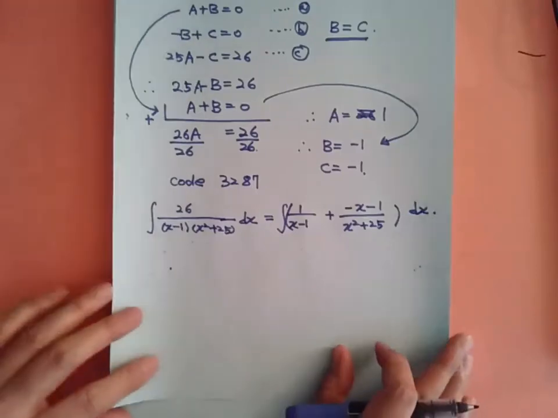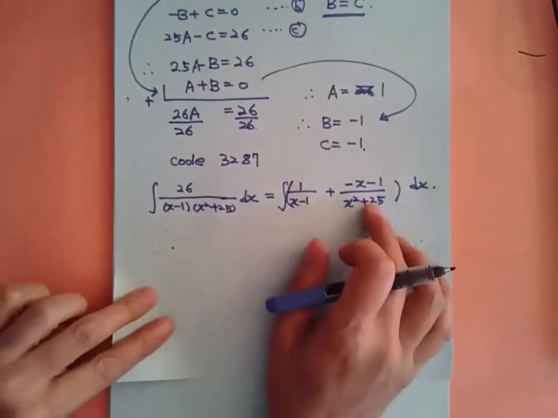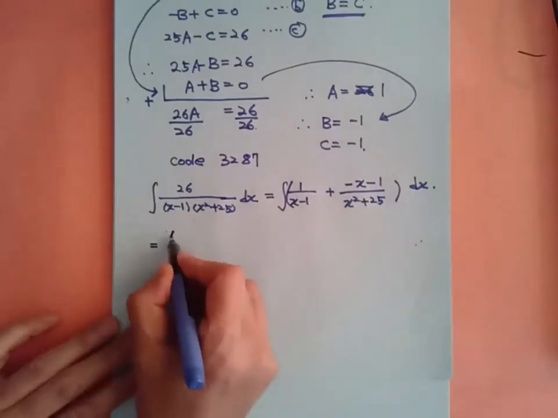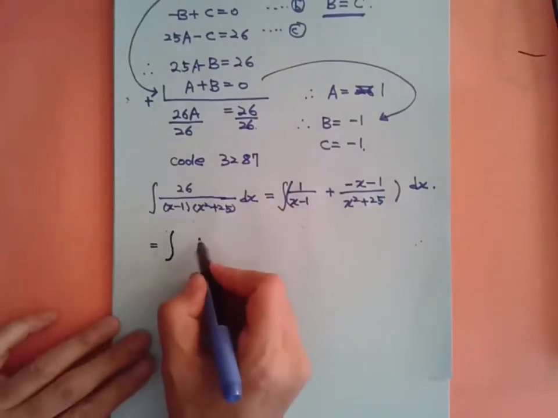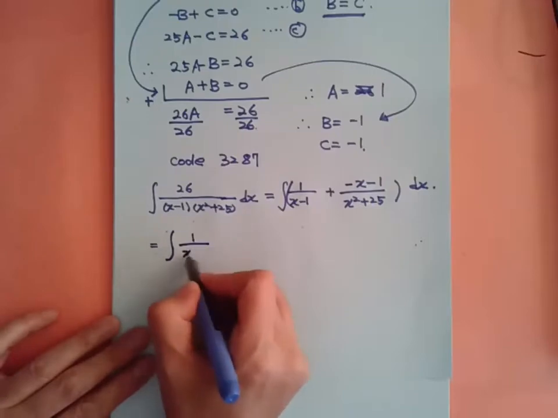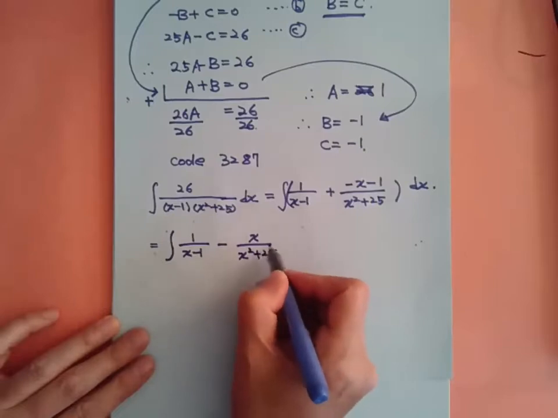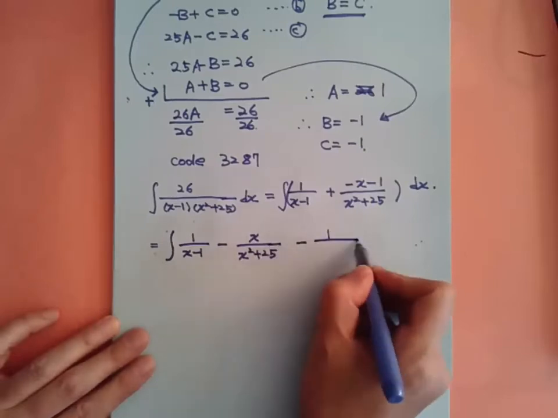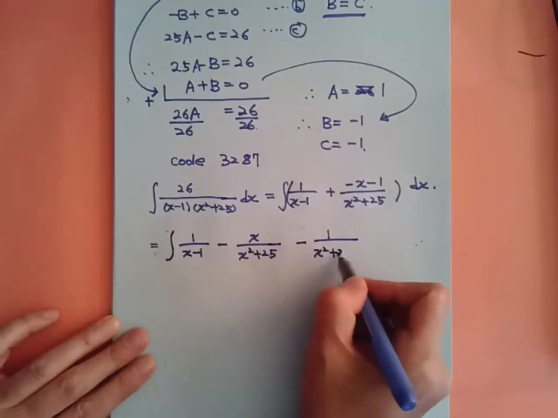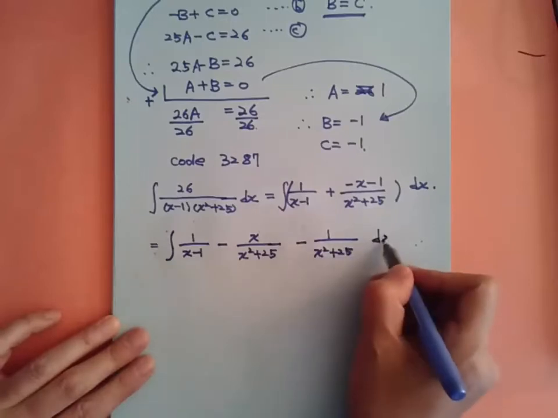And then we will split that into two terms. So we have the integral of 1 over x minus 1, minus x over x squared plus 25, minus 1 over x squared plus 25 dx.